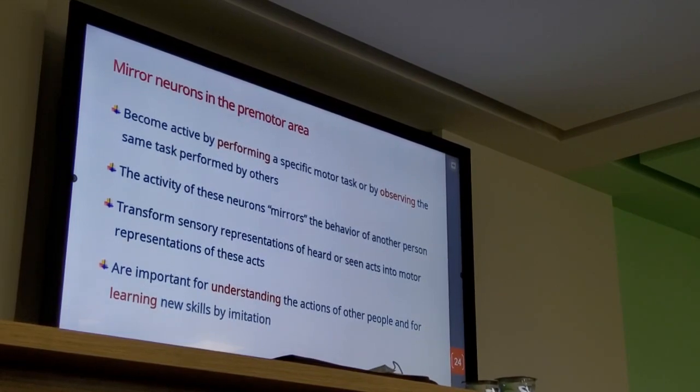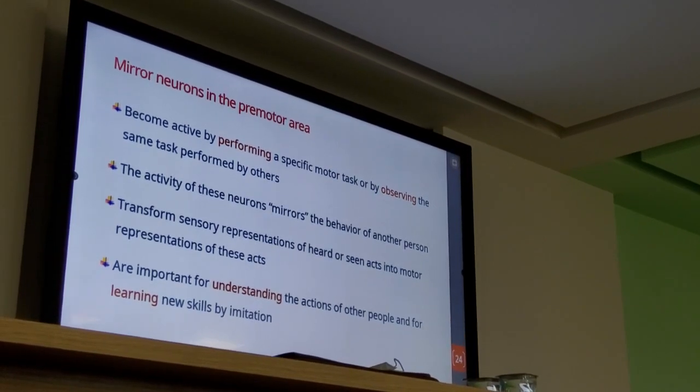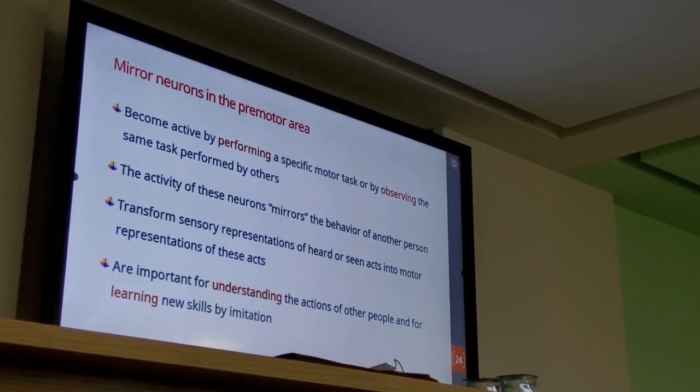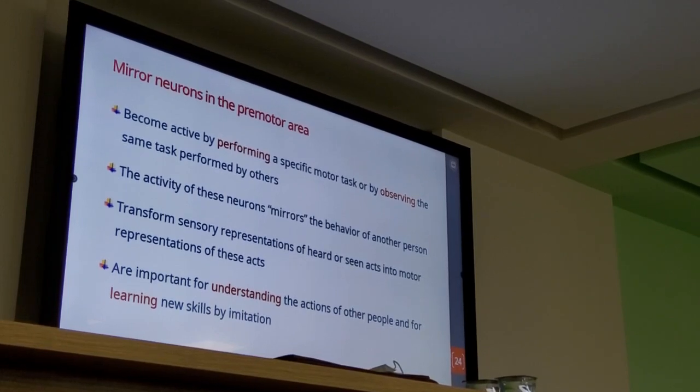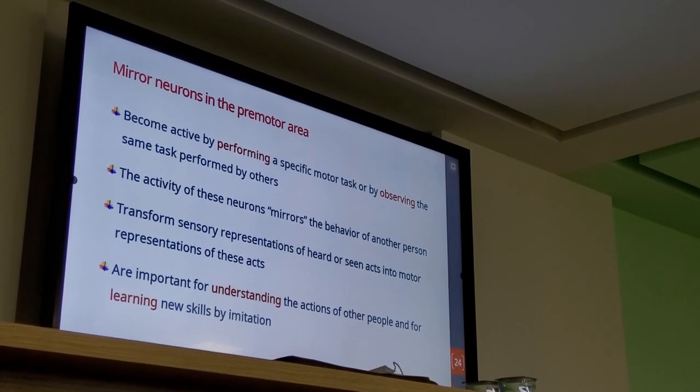And also supplementary, okay? But there are other neurons in the premotor cortex that are involved in planning of a movement when you want to do this movement yourself, or when you observe somebody else is doing that movement.